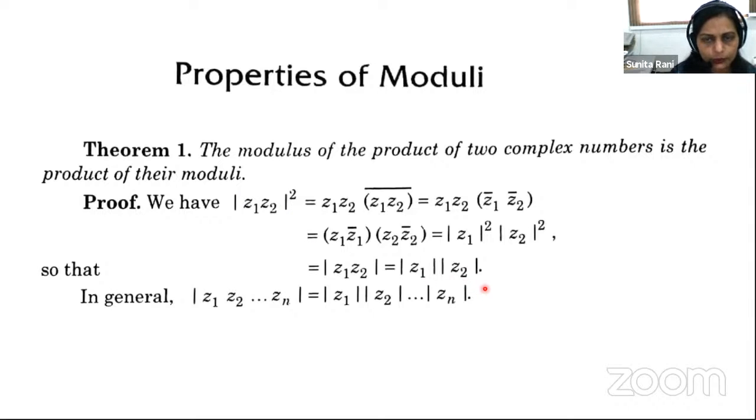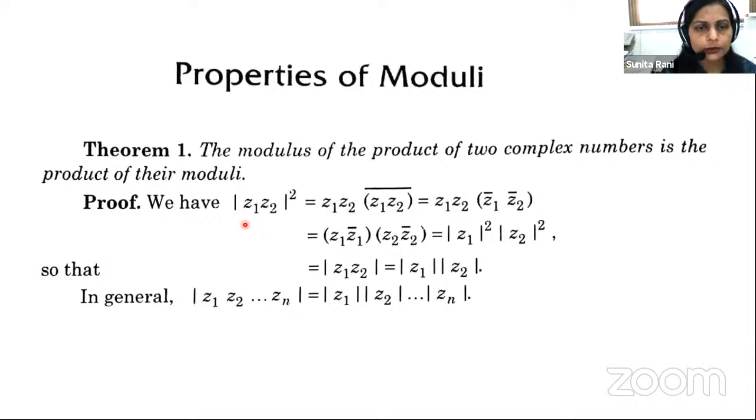Or in general, we can write the modulus of the product of n complex numbers: we first take the product of n complex numbers, then the modulus, and this is equal to the product of their separate moduli.